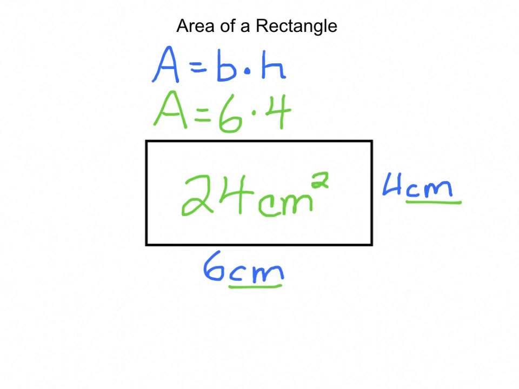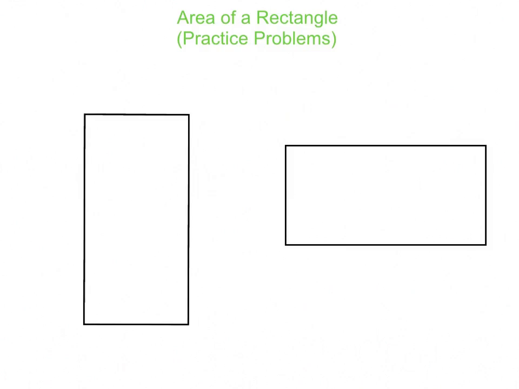So I'm going to give you guys another problem, and I want you to try to solve it on your own. So here we have two different rectangles, and for our first rectangle, let's say that this one has 12 centimeters as one of the bases, and the height on this rectangle we're going to call about 30 centimeters.